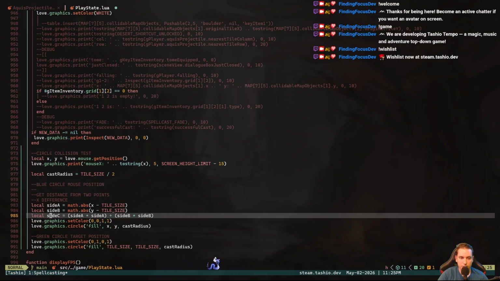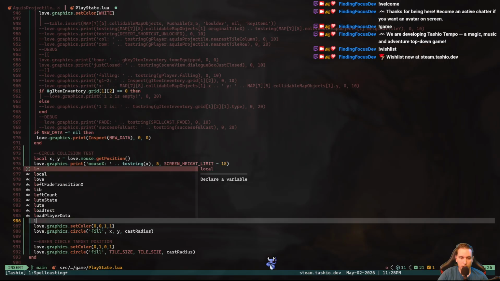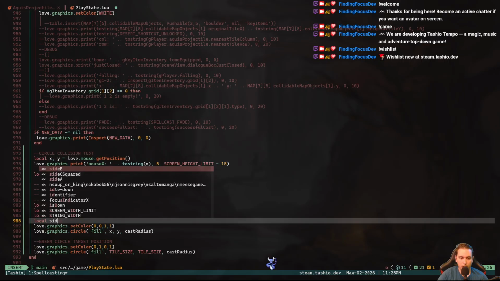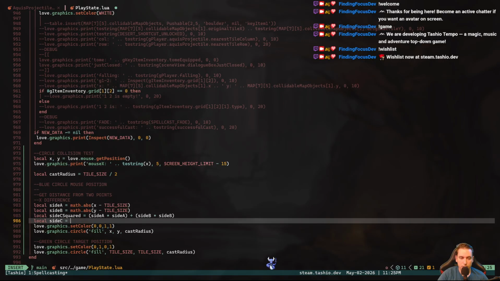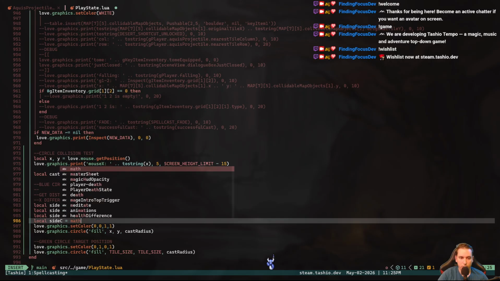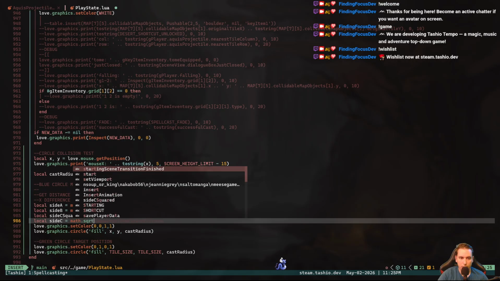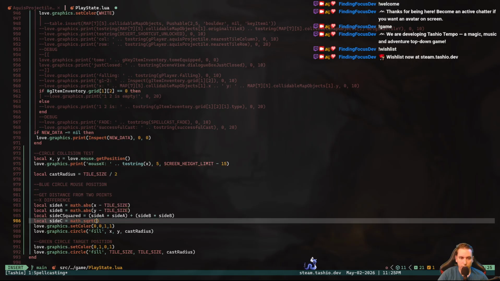So we can say side C squared, and then side C is the square root. Is it a square root like this?